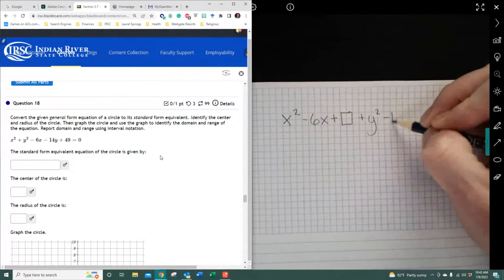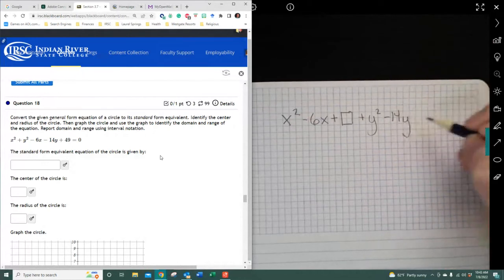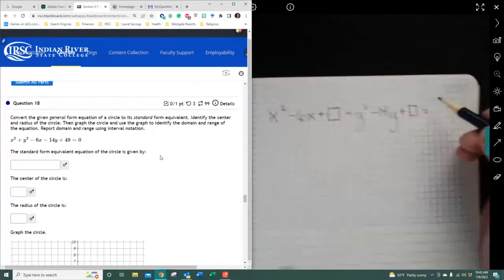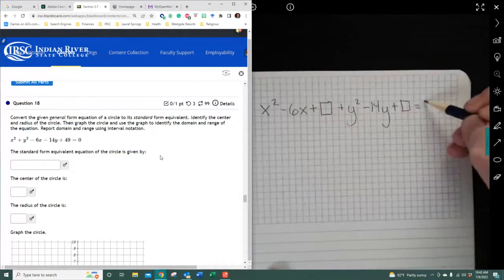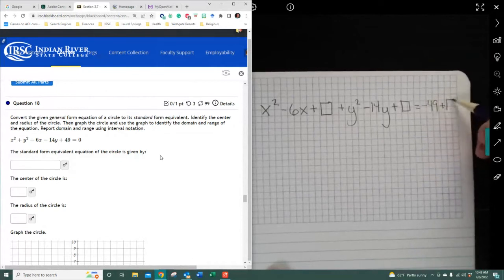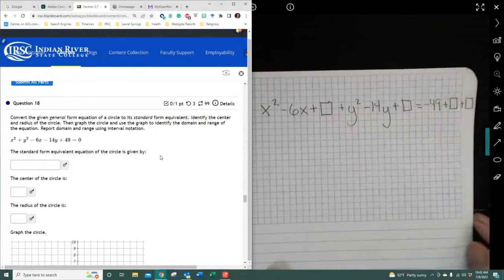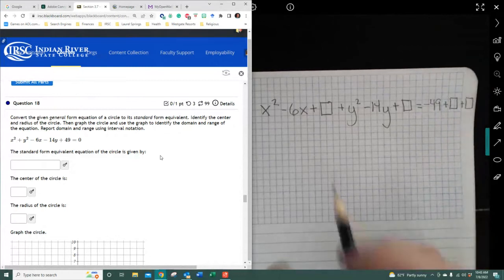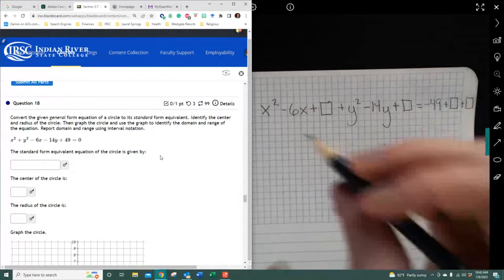The y term is -14y, and then I'm going to put a plus box. I'm going to take the 49 and bring it to the other side of the equation, making it -49. I'm going to put a plus box over here. I'm kind of falling off the page a little bit because it's so long.